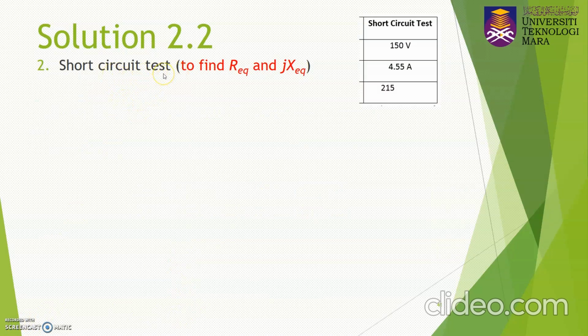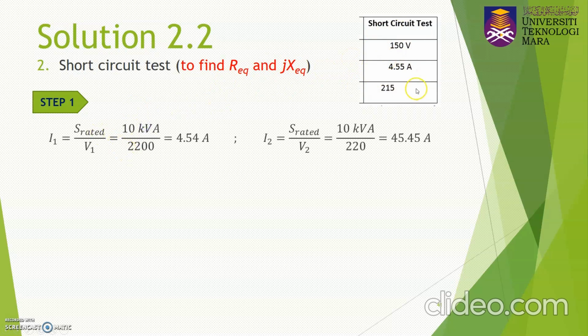Okay, so for the short circuit test, we use the data in order to find the R equivalent and also X equivalent. Okay, step number 1, you need to check whether your R equivalent and X equivalent are referred to the primary side or the secondary side. So you need to check the value of I short circuit, whether it is equal to I1 or I2.